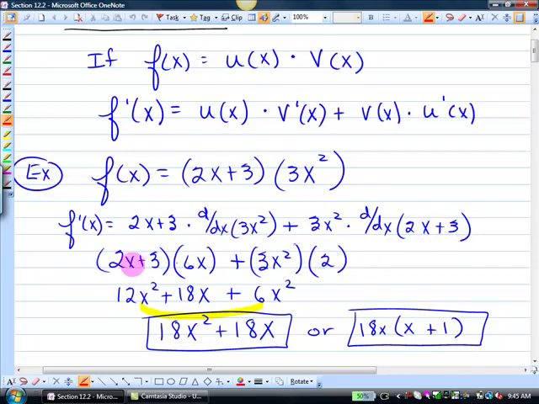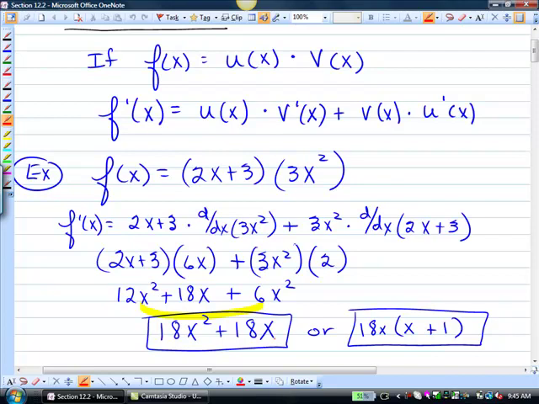So in this line, I've taken the derivatives of the two places I needed. Then it's a matter of multiplying, collecting like terms, that sort of thing. You get 12x squared plus 18x plus 6x squared. These two are the same, so it's 18x squared plus 18x.